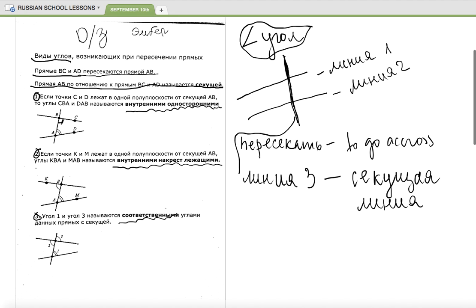But I would not pay attention to 3 because it doesn't matter. The main thing is to remember that angle 2 and 3 are the same because they are vertical angles. And 3 and 1 together will be 180, but that's about it. And then in number 2, these two angles will be 180 together, and in number 1, these two angles will be 180 together. It's just the idea.